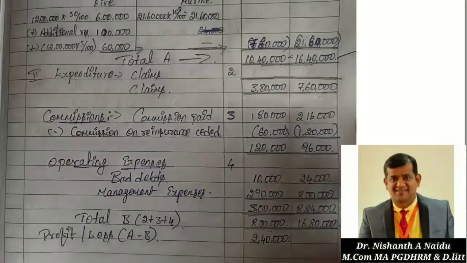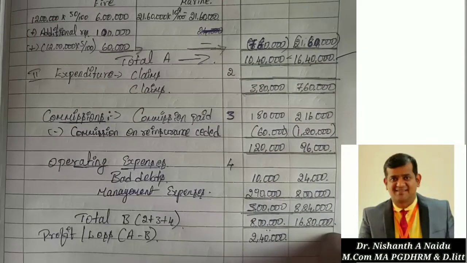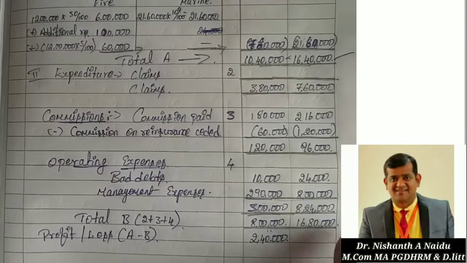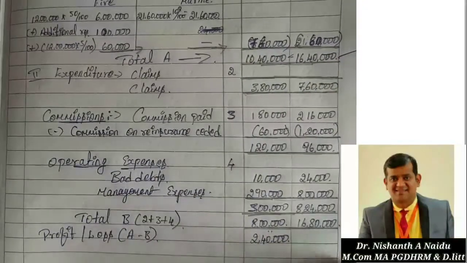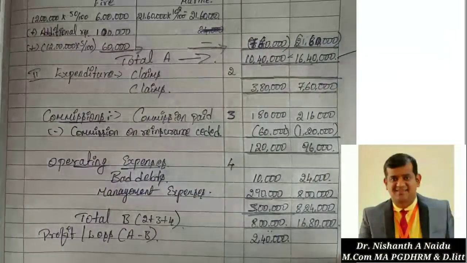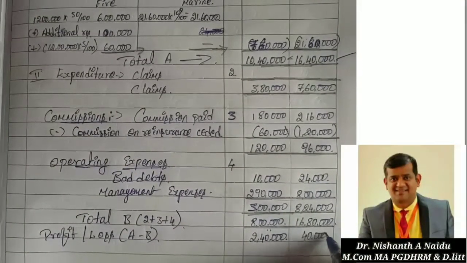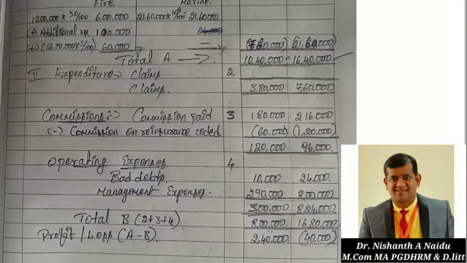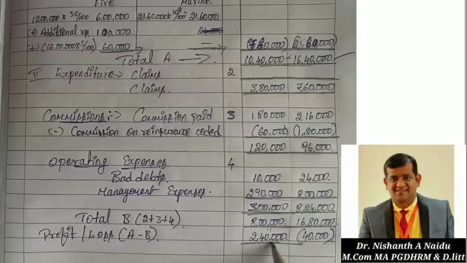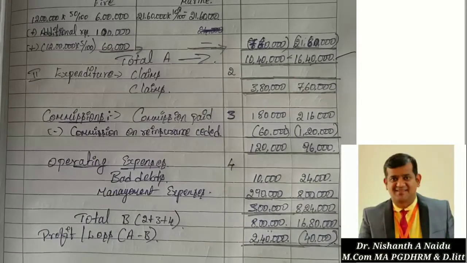In this problem, 16,40,000 income, 16,80,000 expenditure. So expenditure is more, income is less. So 16,40,000 minus 16,80,000 comes to 40,000 minus figure. This is under loss. Marine insurance is under loss, whereas fire insurance is under profit in this particular problem.